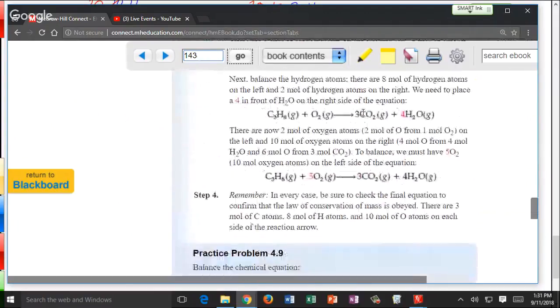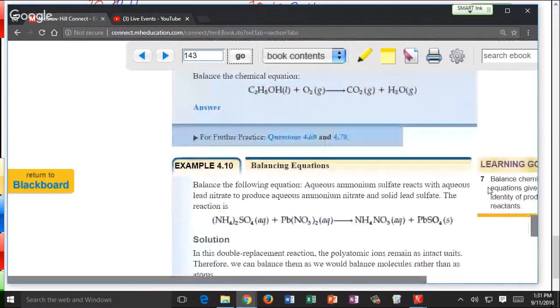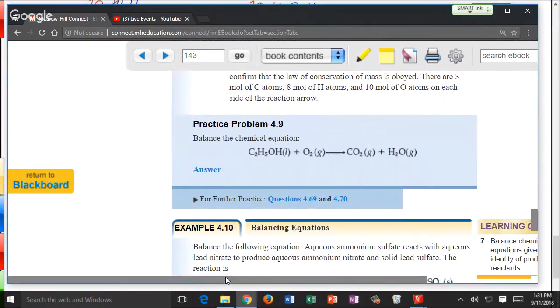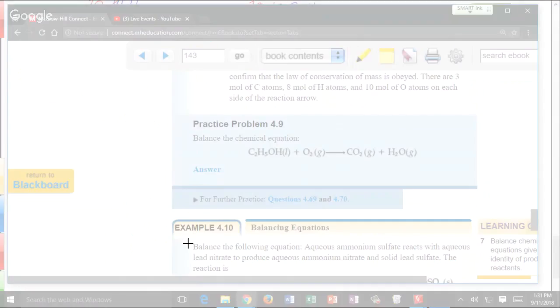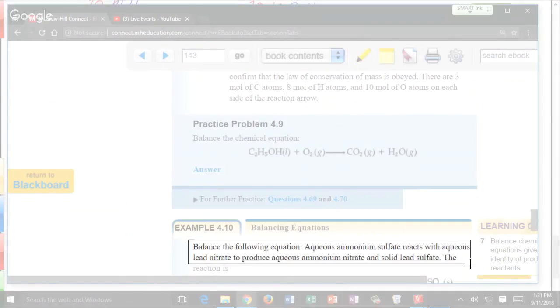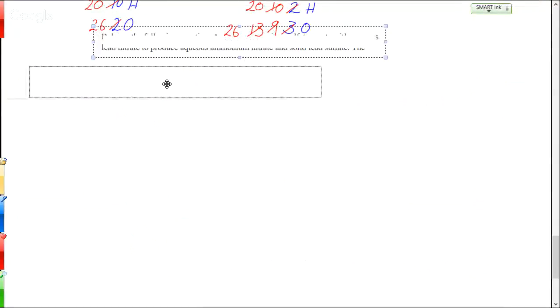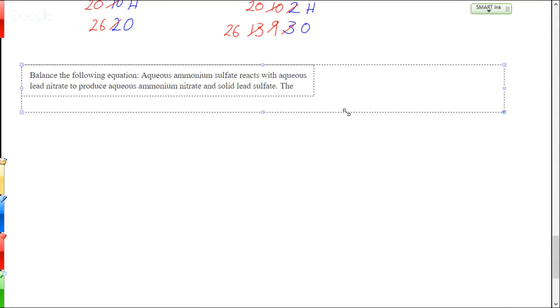So here's an example from the book. Maybe. No, that's small. I'm going to try to make it bigger here.